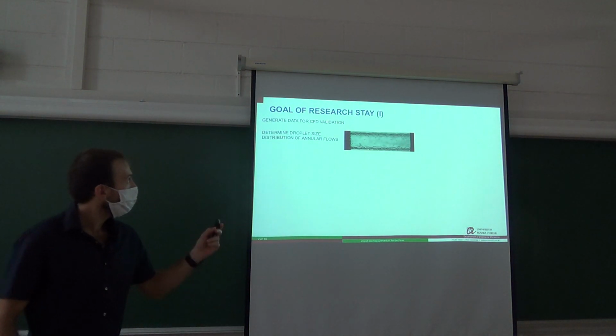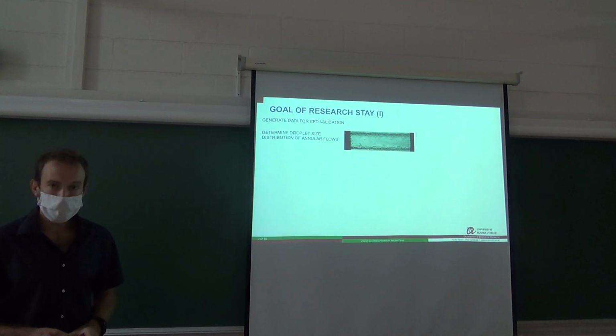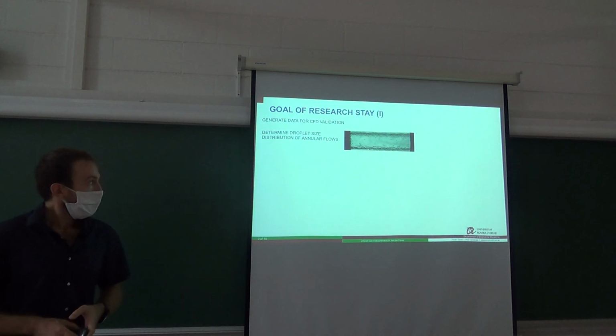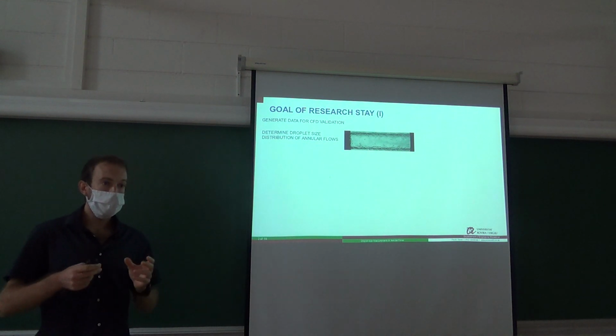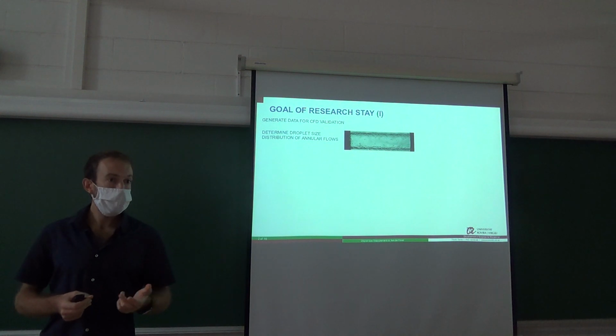Okay, the goal of the research stay is to determine the droplet size distribution of annular flows. Annular flow, as you might know, is a flow regime of two-phase flows.